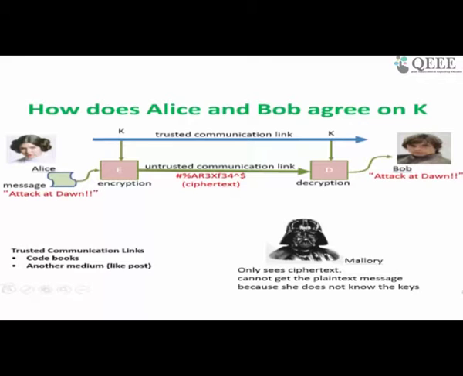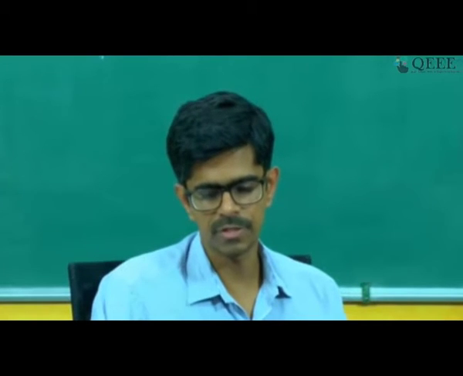So Alice would tell Bob, hey, I'm using the secret key from page number 45 of this code book. Bob has the code book, so he goes to page number 45, and there would be a secret key over there, and that would be used. Mallory, who does not have the code book, will get no information about the secret key, or the original message that Alice had sent, that is the attack at dawn.